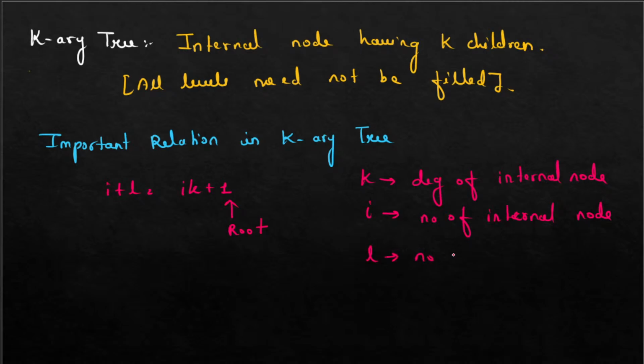L is number of leaf nodes. So this L is nothing but I(k minus 1) plus 1. Like this.